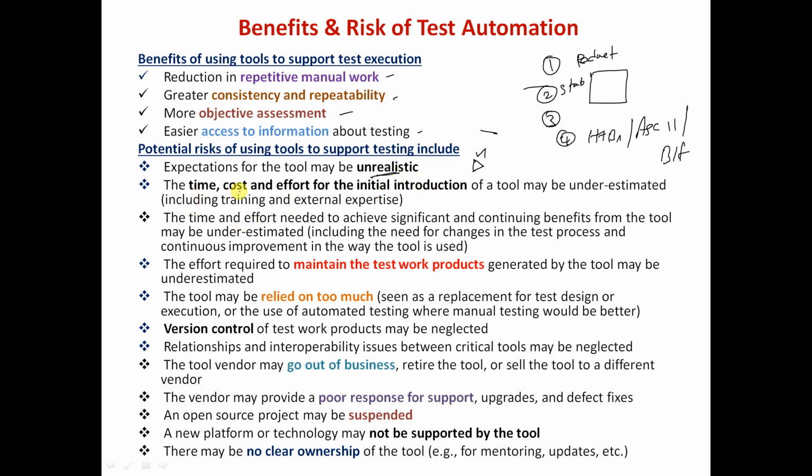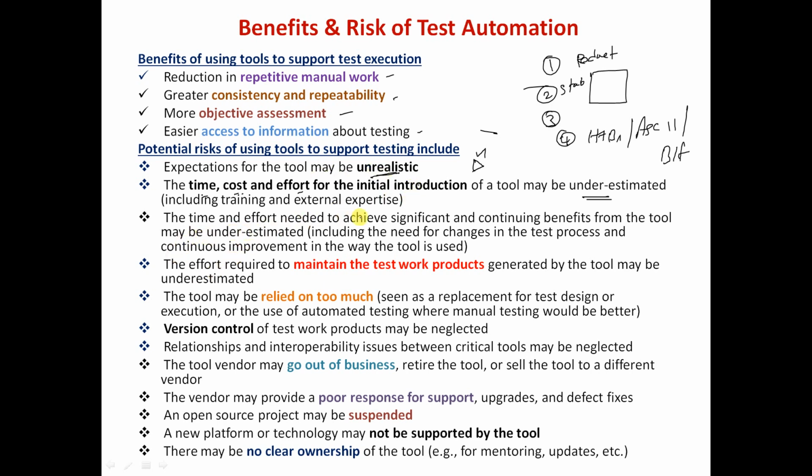Then time, cost and effort for the initial introduction will be very high. If you want to introduce some testing practices in your project, it will definitely take a lot of time, and not only time but also cost and human effort. So that is one potential risk.